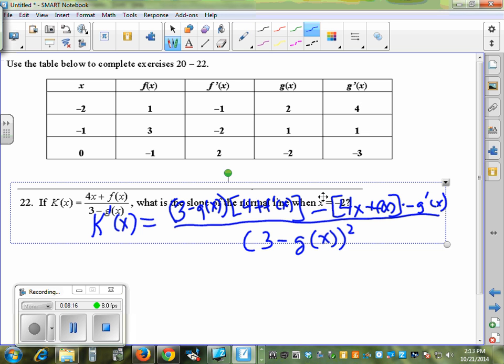Okay, and this is when x is -2, so everywhere I see an x, I plug in -2.